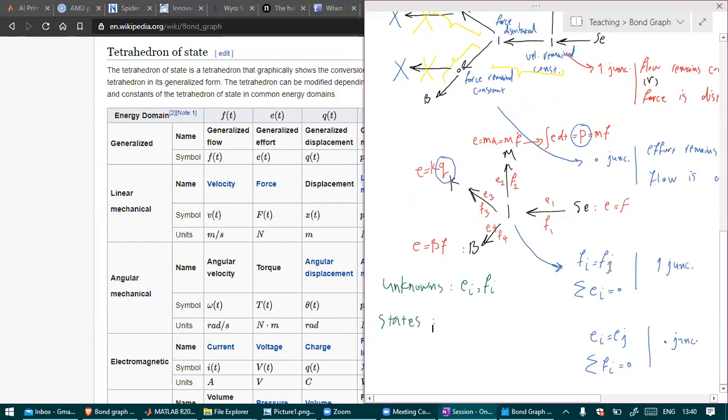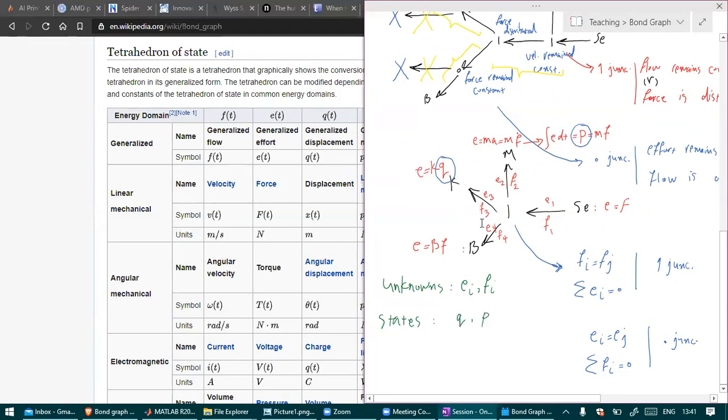So what do you think are our system states in this set of equations? Where we see differentiation with respect to time. It is basically here and here. So our states are Q, displacement, and P, momentum.